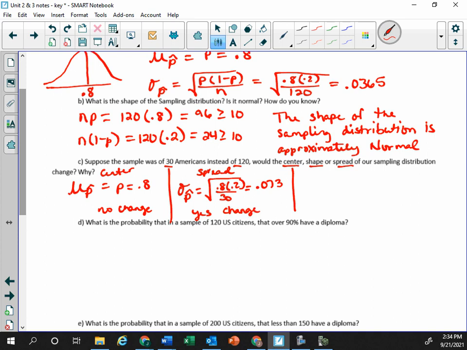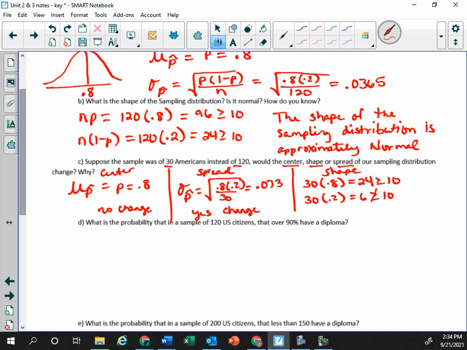The shape. What do you guys think? What about the shape? Is it going to change or not? Because when you check, 30 times 0.2 equals 6, which is less than 10, the shape is no longer normally distributed. Exactly. When you do your check, 30 times 0.2, not greater than or equal to 10.